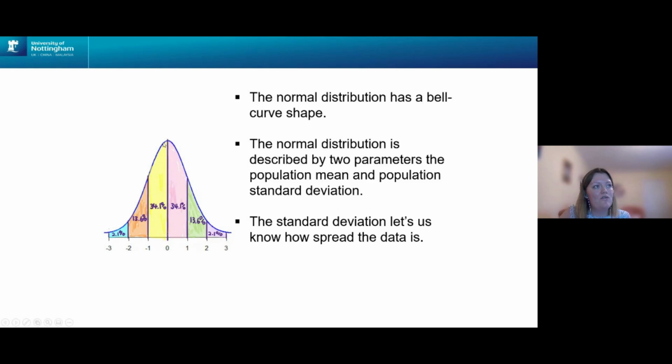And as we move away from this point, it's less and less likely that these values will be reached, but they're still possible. Now, the normal distribution is described by 2 parameters, the population mean, which will be this value here, and the population standard deviation. And the standard deviation lets us know how spread the data is.